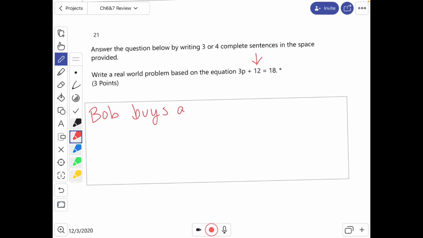Maybe Bob buys a pizza for $12. And he has to buy something else. So that is our slope, and our slope is something that is being multiplied. So what could Bob be buying 3 of? How about a drink?